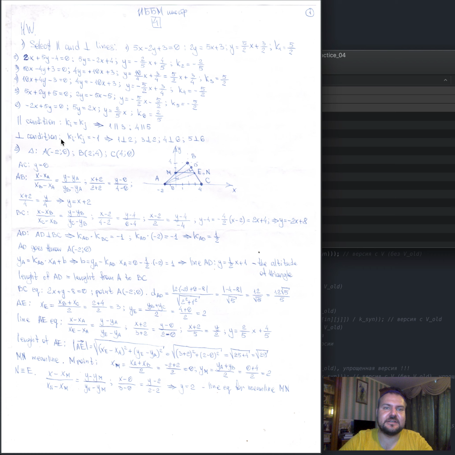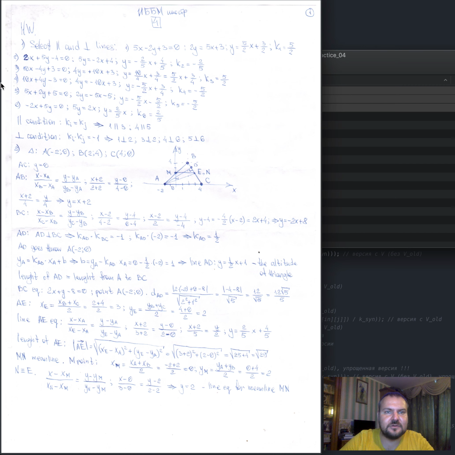The perpendicular line condition is when the multiplication of the slope values equals minus 1. And so we can find more cases. For example, k1 multiplied by k2 equals minus 1, so we can say that line number 1 is perpendicular to line number 2.